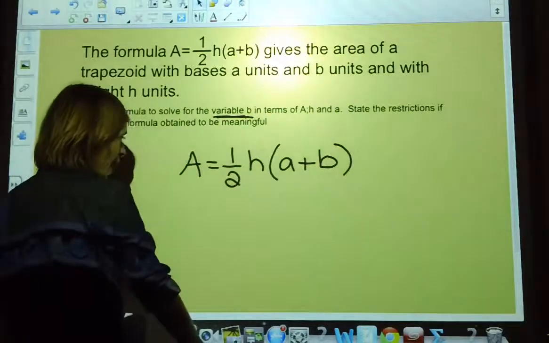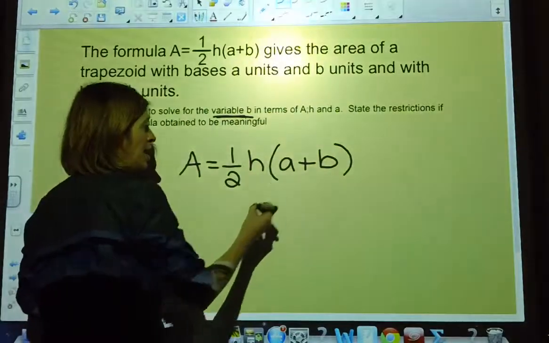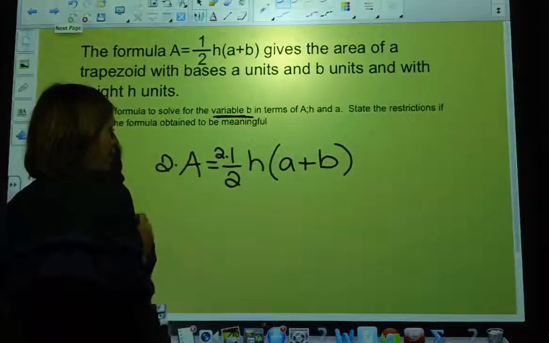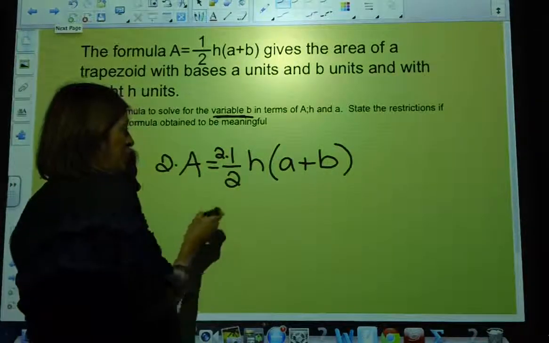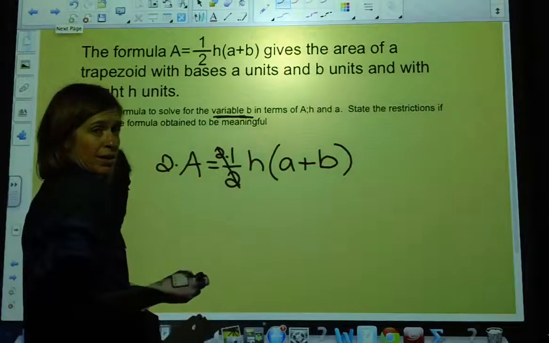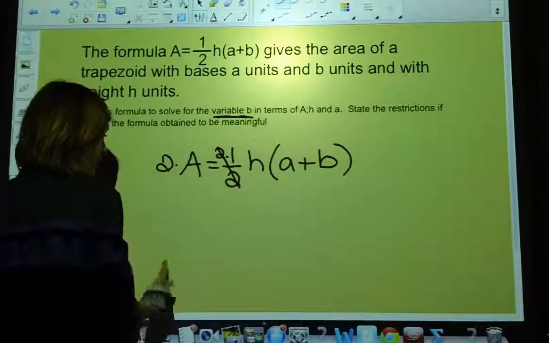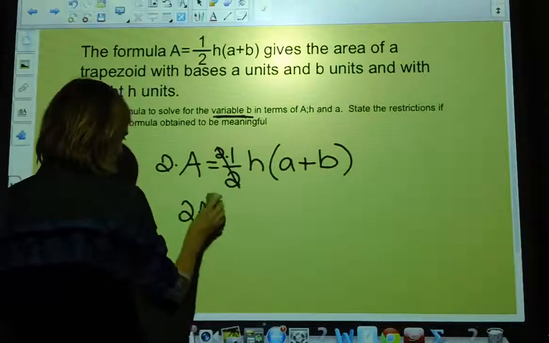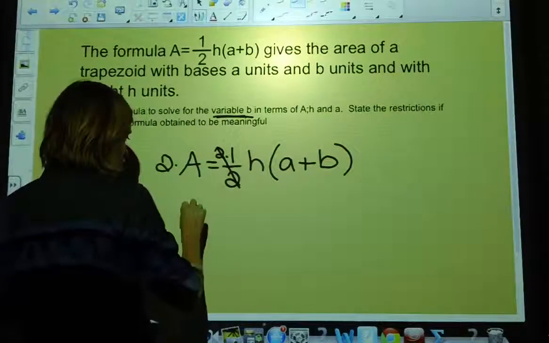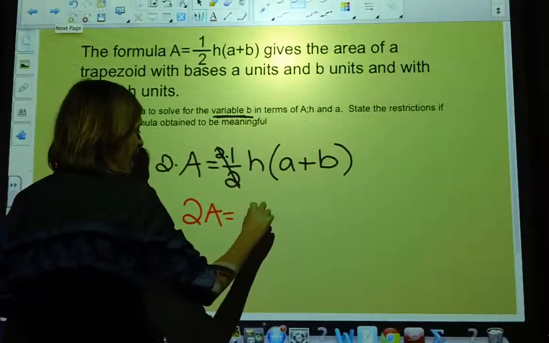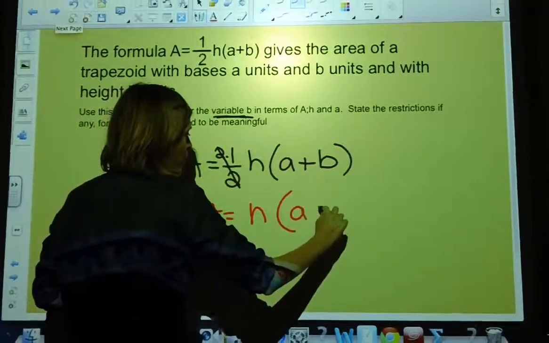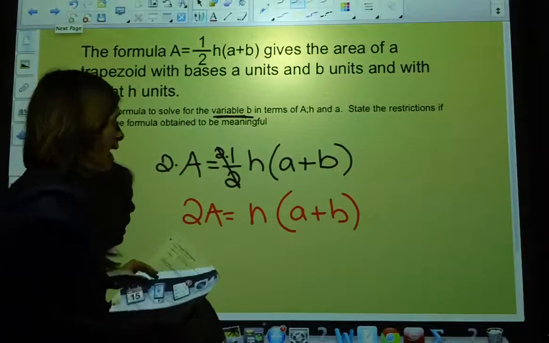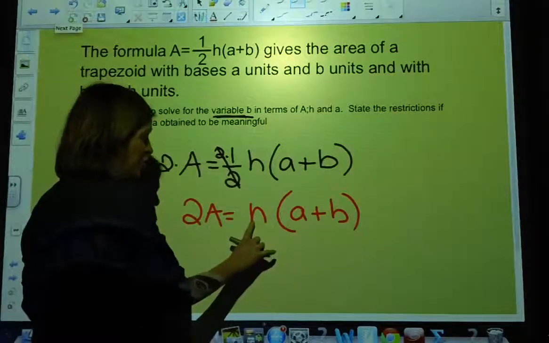So how can I do that? Well, I can multiply both sides by 2. So I'm going to multiply this side by 2 and this side by 2. When I multiply by 2, it's going to cancel the 1/2 on the right side. So now I have 2A equals H times (a plus b). Now remember, our goal is to isolate b, okay? So now I want to get the H over to the other side.